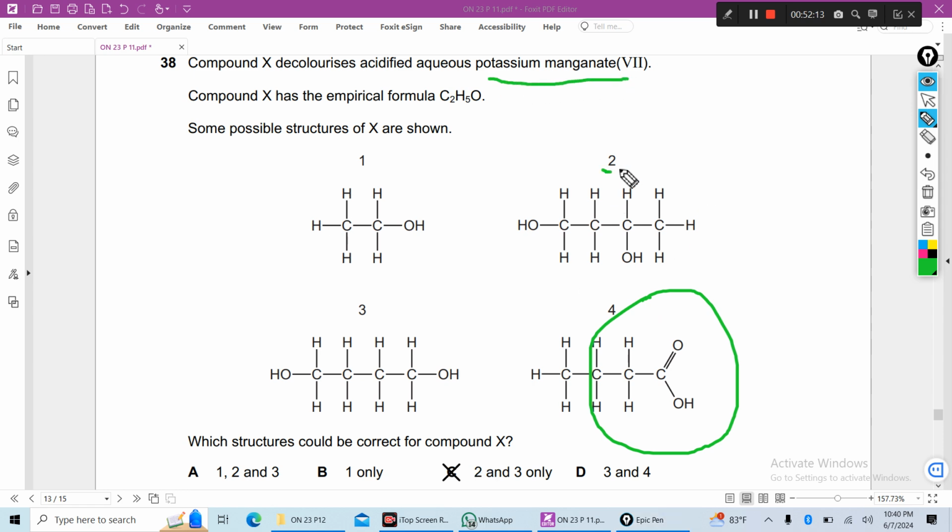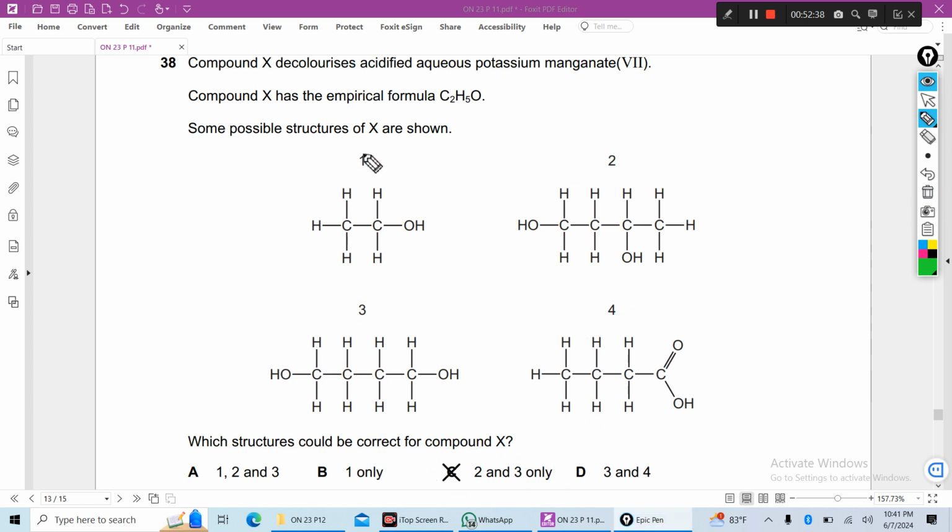So 2 and 3 is the right answer because 2 is an alcohol, and alcohol is oxidized to aldehyde and carboxylic acid. 3 is also an alcohol, and the empirical formula will be C2H5O. That's why 2 and 3 are the correct answer.